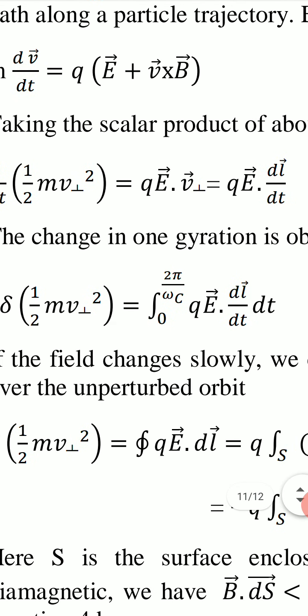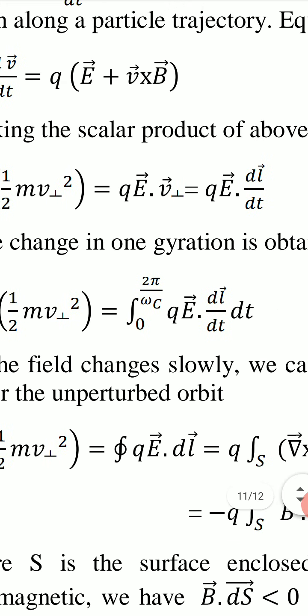And in the right hand side, if we take the dot product with v perpendicular vector, in the first term we get qE vector dot v perpendicular vector, and in the second term this dot product will become 0, because it will be the dot product of v vector cross B vector and v perpendicular vector, and the direction of v cross B is perpendicular to v, so if we then take the dot product with v perpendicular, it will become 0.